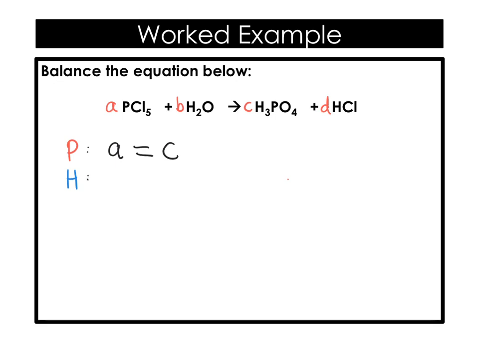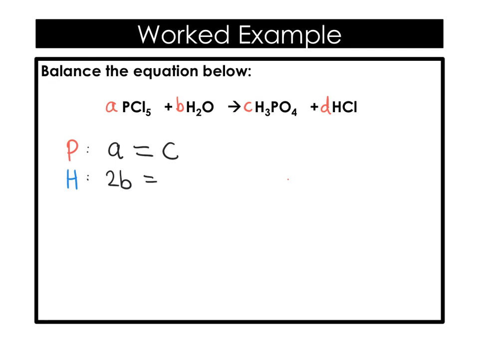okay, so for the hydrogens, there are 2 in this formula, and there's nothing in this one. So to calculate how many hydrogens there are on the left-hand side, it's just going to be whatever this number is, B, whatever B is, multiplied by 2, because there are 2 hydrogens in water. So that's going to be 2B on the left-hand side. That's going to have to equal however many hydrogens are on the right-hand side.